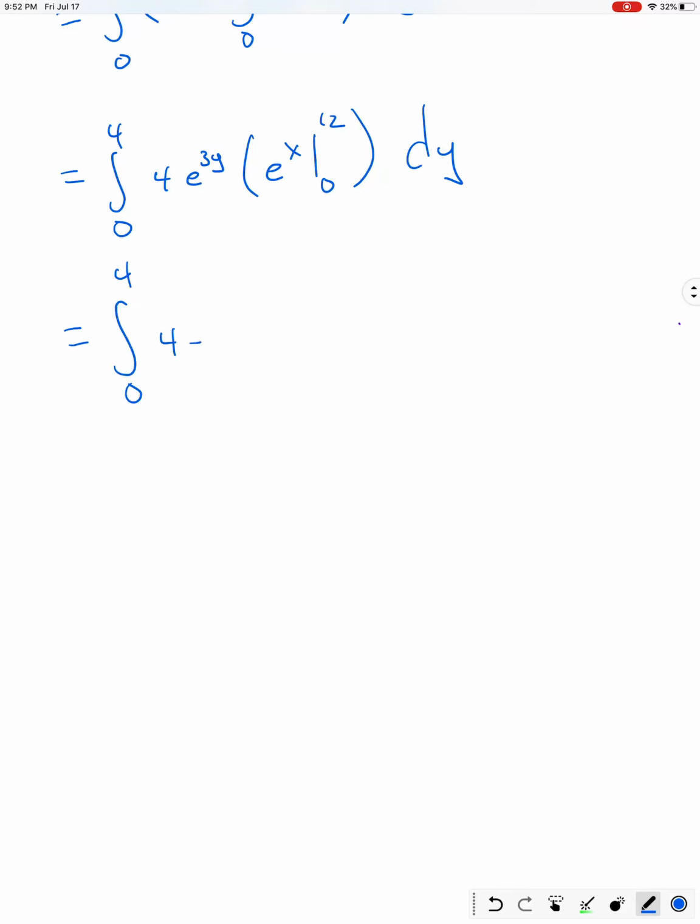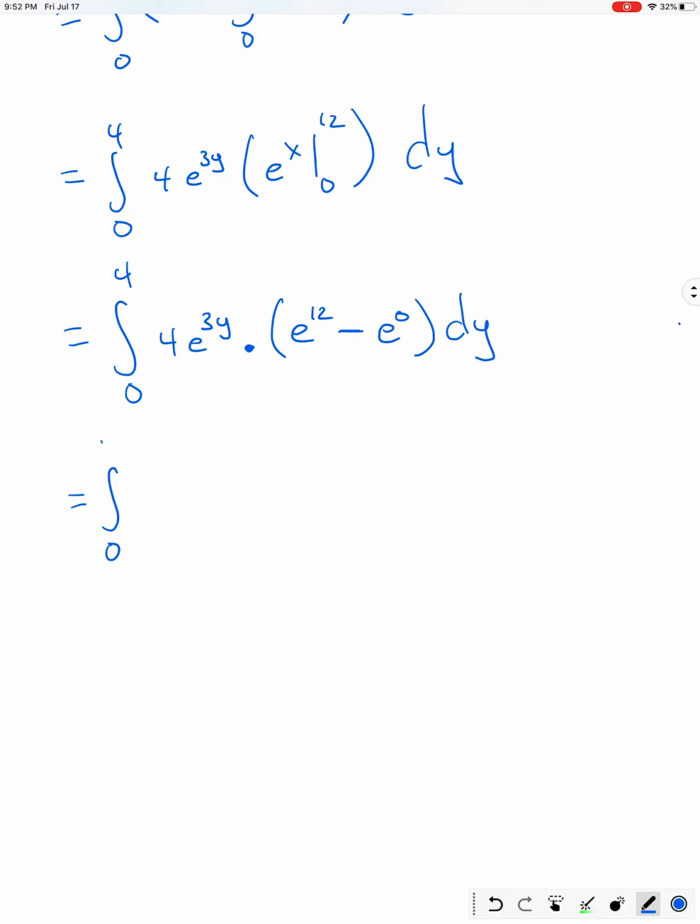Let me write that: the integral from 0 to 4 of 4e to the 3y times e to the x, and I put in the 12 with the fundamental theorem, which is e to the 12th, and then minus e to the 0, and then dy. The fundamental theorem of calculus says I apply this, then a subtraction sign, and then I apply the 0.